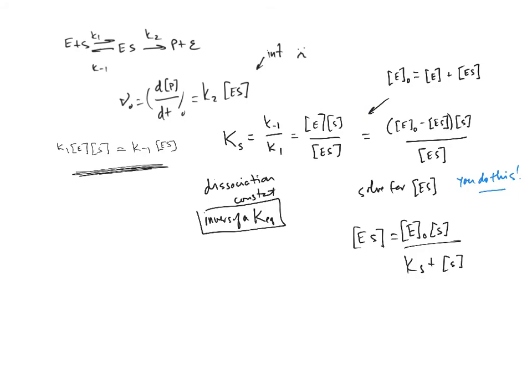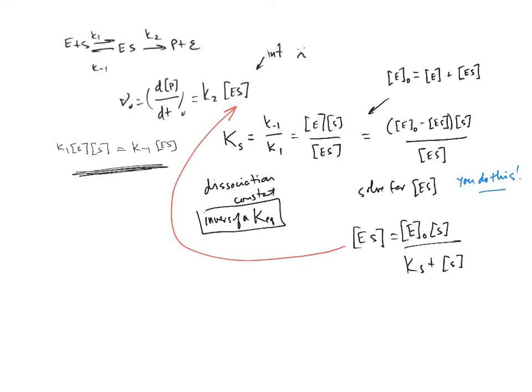Okay. Now, and I'm loving my colors today, I can take my substitution for ES and put it back into there. So our ultimate goal was to do what we always do, which is make a substitution for an intermediate. But for reasons that are easier experimentally, we wanted to get it in terms of the original enzyme concentration.